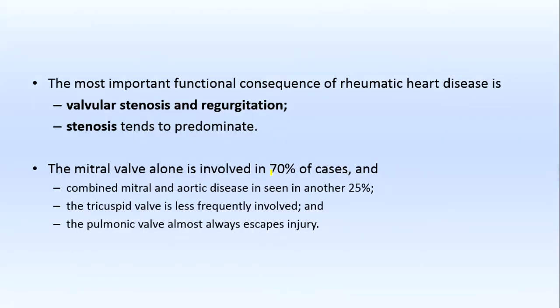The mitral valve is involved in 70% of the cases, and combined mitral and aortic valves are seen in 25% of the cases. Please remember, the tricuspid valve is less frequently involved, as well as the pulmonic valve.